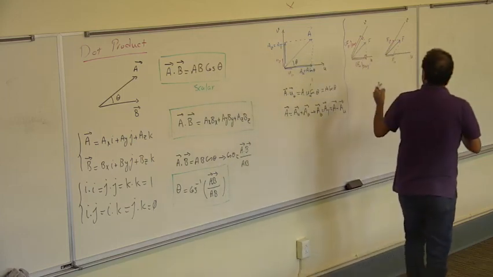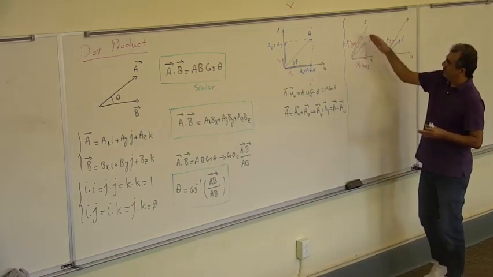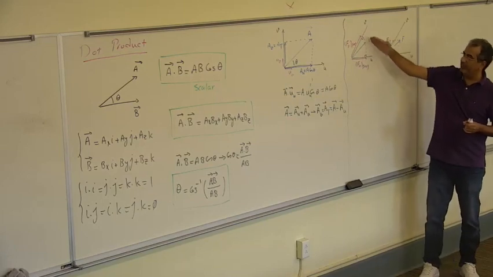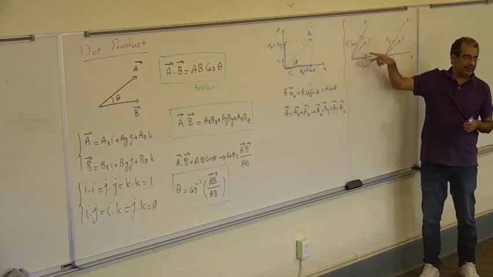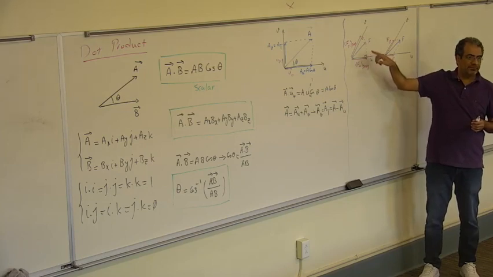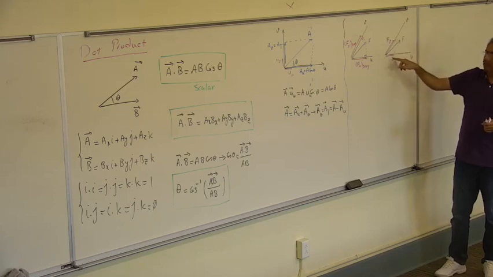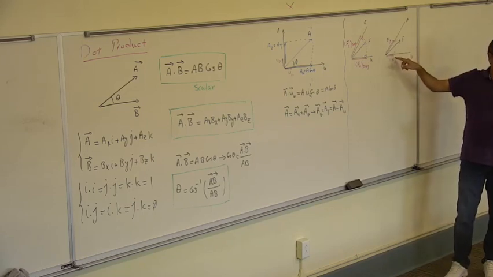So the one on the left, which has the right angle, is the projection of the vector on this axis. So these are the projections on the axis. These are the components.